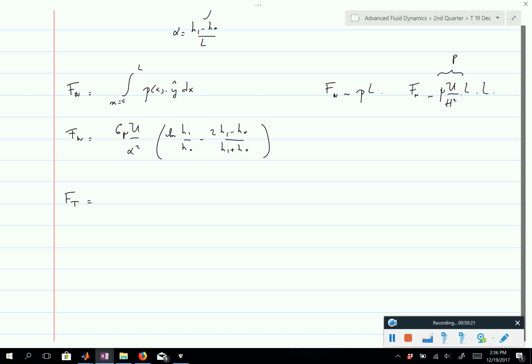The friction force on the top plate. What would that be? So integral over x, over the top plate, from 0 to x of what?